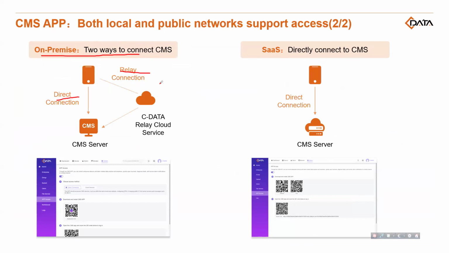So it means that whether you are on a local network or public network, you can connect without limitations. Compared with SaaS, since it works on the public network naturally, you can connect to the CMS service directly. As you can see, we provide a step-by-step guide so you can connect to the CMS service quickly.